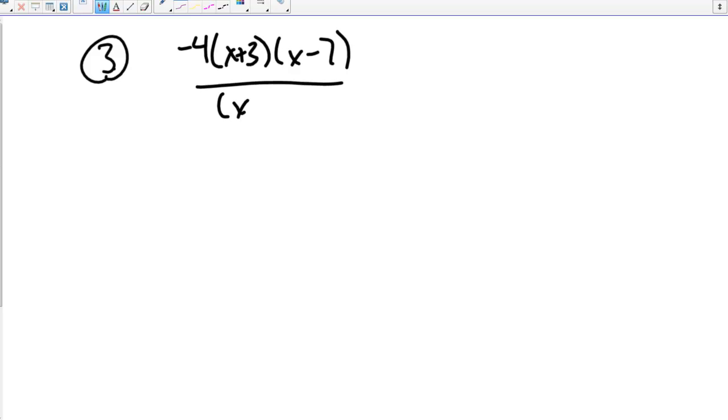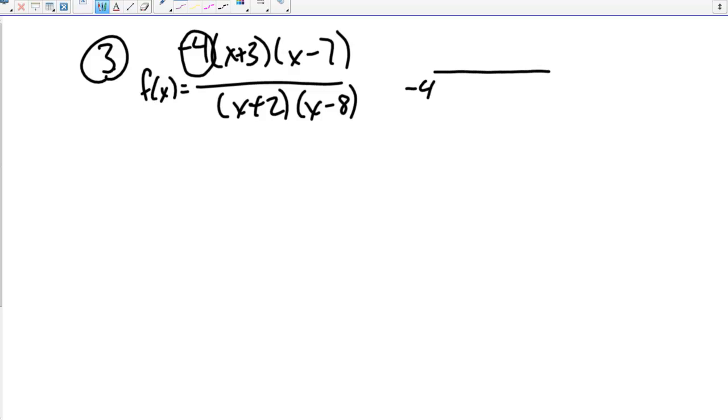Sometimes you might have a common factor of negative 4 and all sorts of goodies here: x minus 3, x minus 7, x plus 2, x minus 8, and say that's called your f of x. We want to find out where it's positive and negative. Notice no matter what happens, this negative 4 is certainly going to contribute to the problem, so you want to include it as one of the factors.